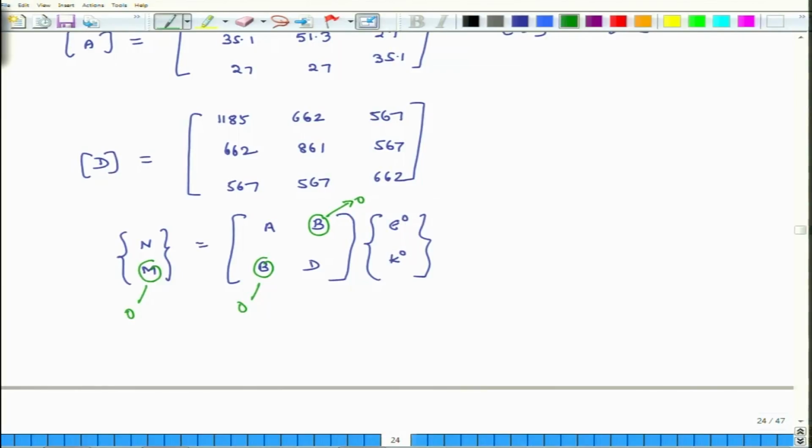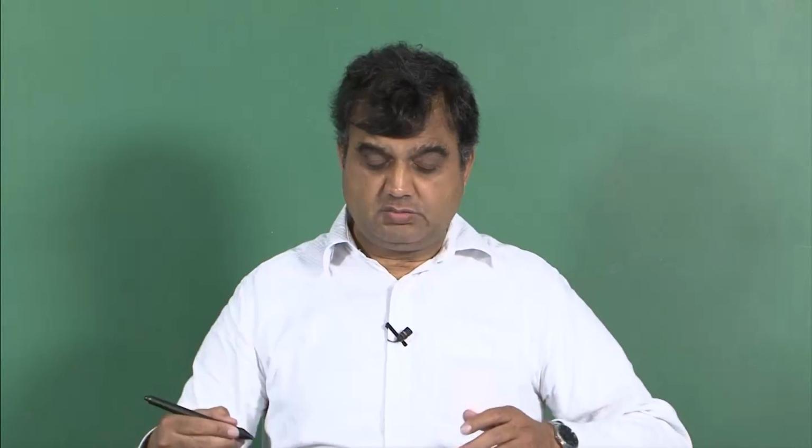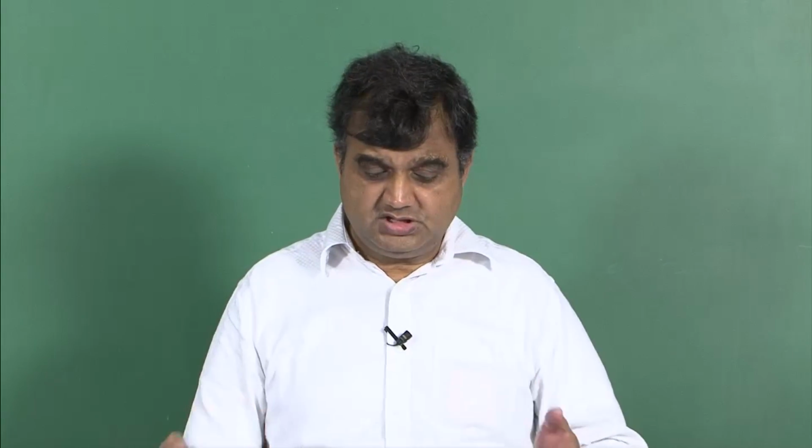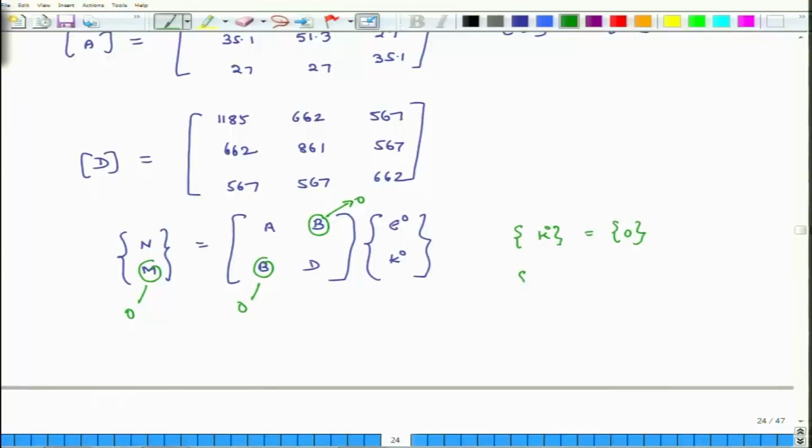Because the system is symmetric and there are no external moment resultants, we do not have to do all detailed calculations, we can directly write that the mid plane curvatures will be 0. There is no external bending moment, so the plate is not going to bend, and it does not have a bending extension coupling matrix. So, B is 0, M is 0, which directly means that kappa is going to be 0, and the mid plane strain vector will be nothing but inverse of A times N.